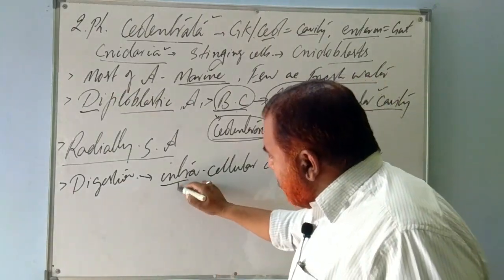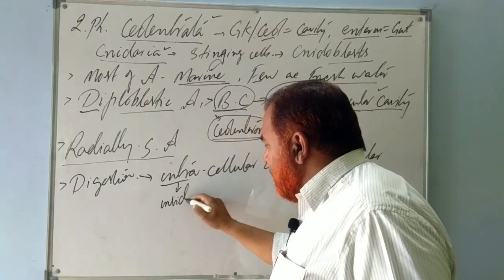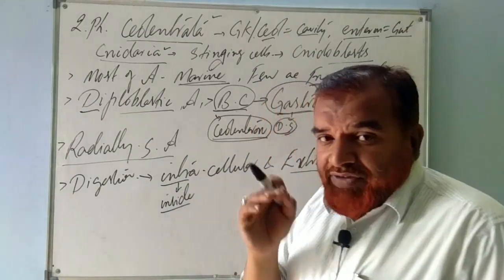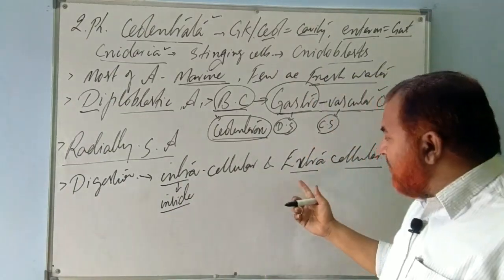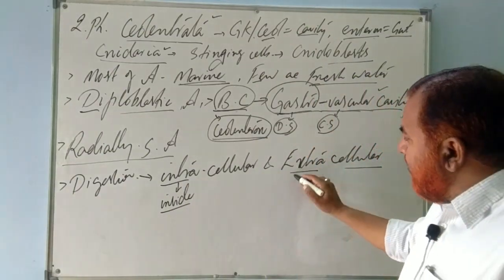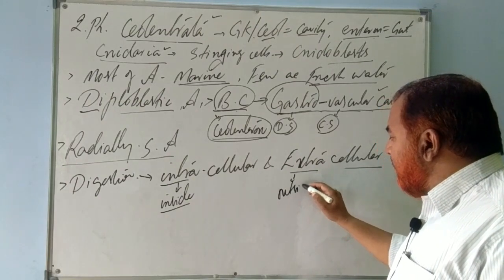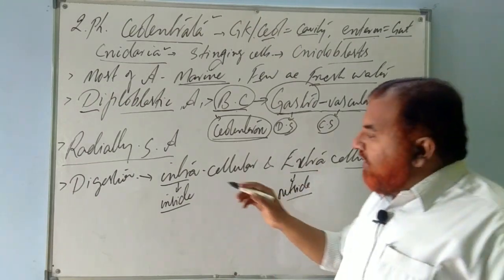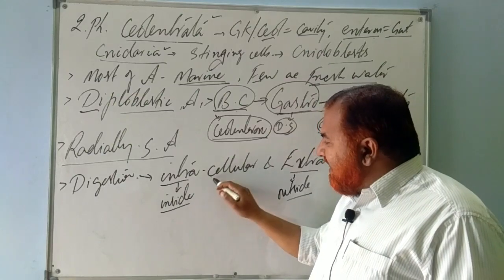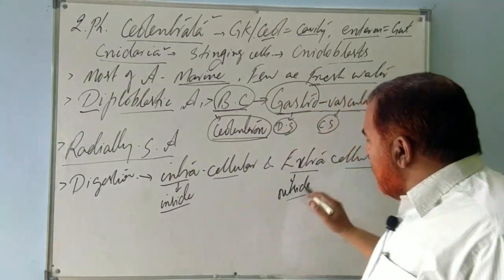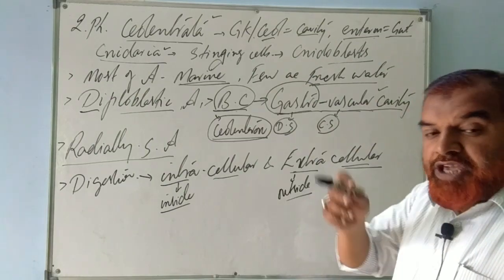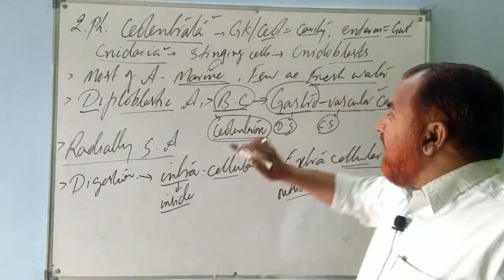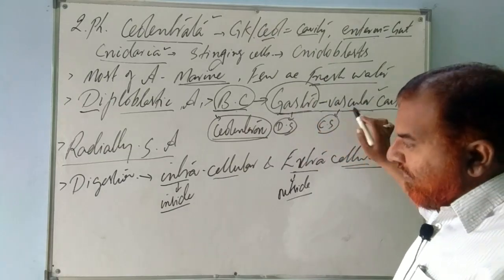Intra refers to inside. Extra is outside, outside the cell. So here digestion takes place inside the cells, and also extracellular, outside the cells, in the body cavity, the gastrovascular cavity.